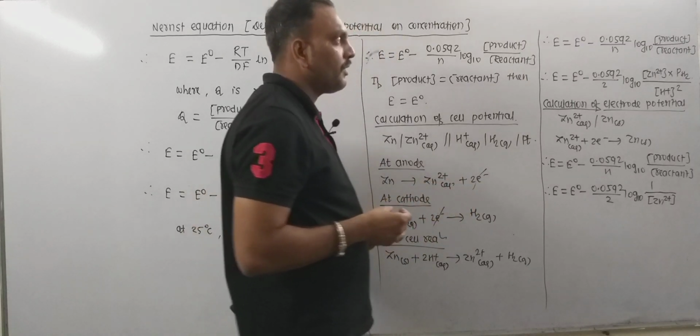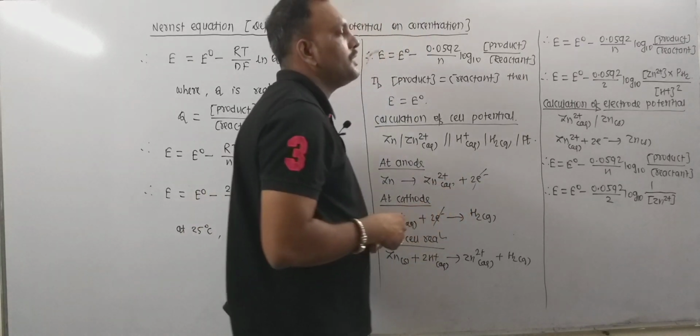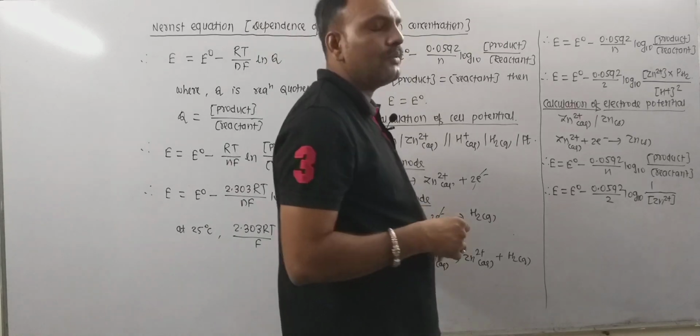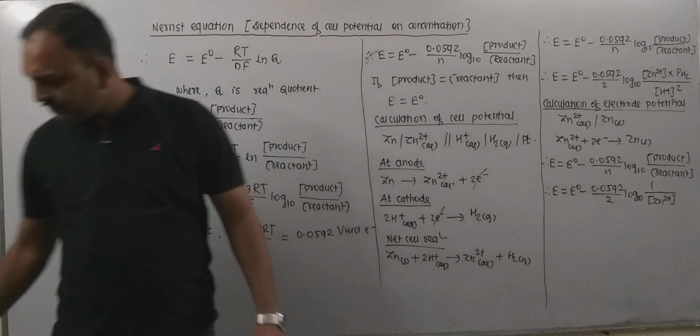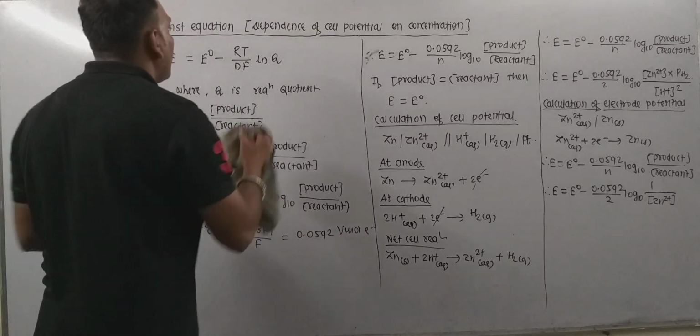Nernst equation. Now conventions while calculating the cell potentials, what conventions are to be remembered?